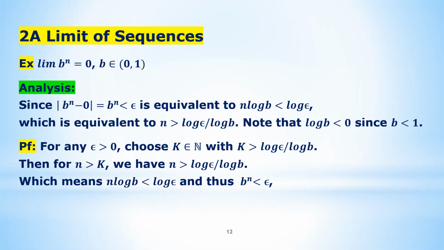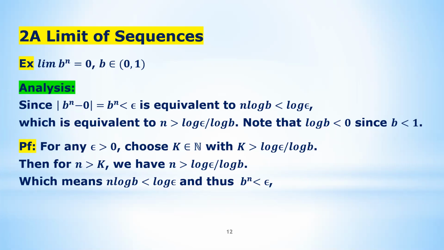And again, this time you multiply by log b, a negative number, so the inequality sign changes. This simply implies that b^n is less than epsilon, because you put n back into the exponent and take away the log on both sides. So that's the proof. It is very short.